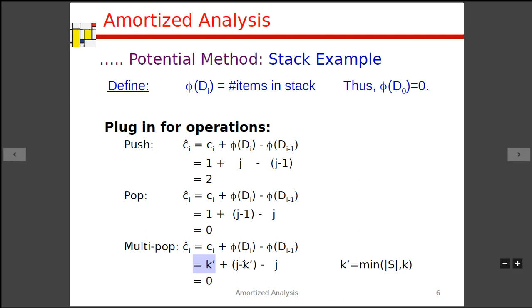If the value of k is more, the value of j also will become more, because 4 times we are going below, and the value of j varies accordingly. So here if it is 4, the cumulative change in potential will become minus 4. So in this case, the overall value will become 0. So this is all about the stack example in the potential method.